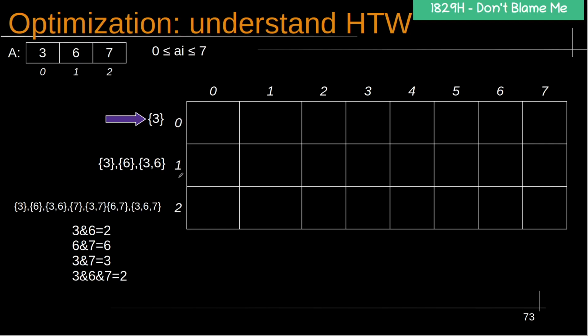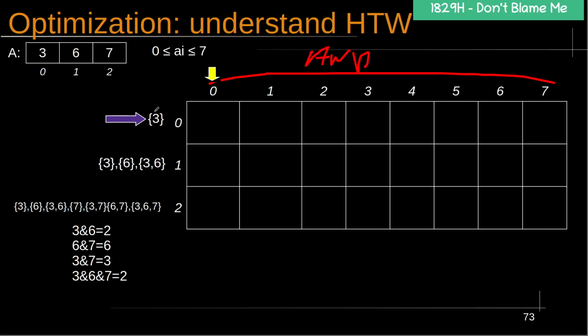The indices in the rows are the indices of the array elements: 0, 1, 2. The indices in the columns are the bitwise AND result.